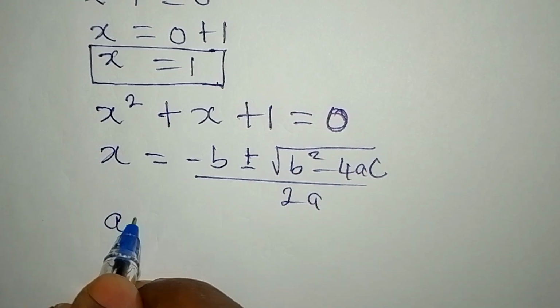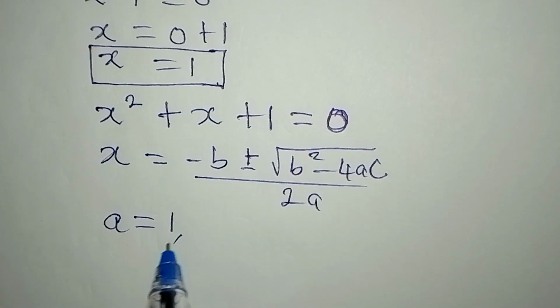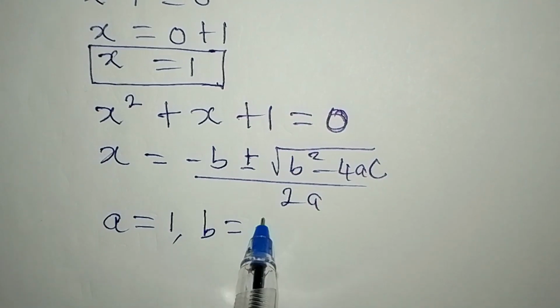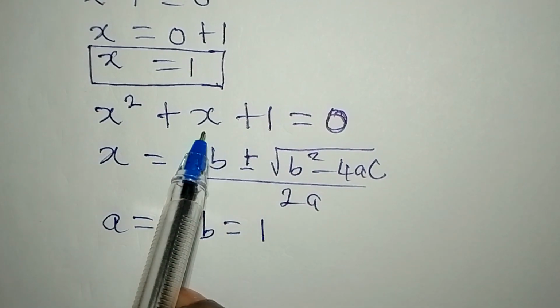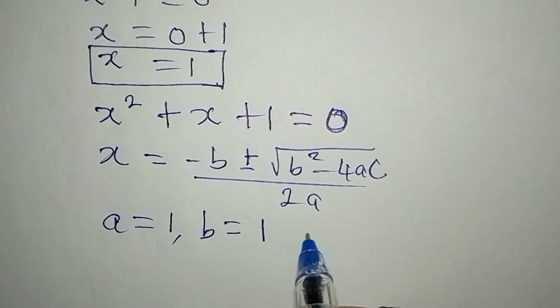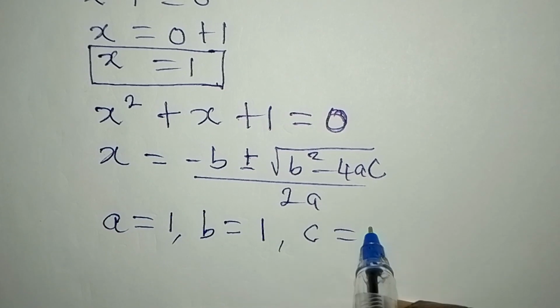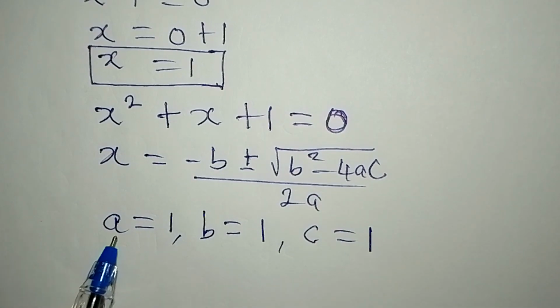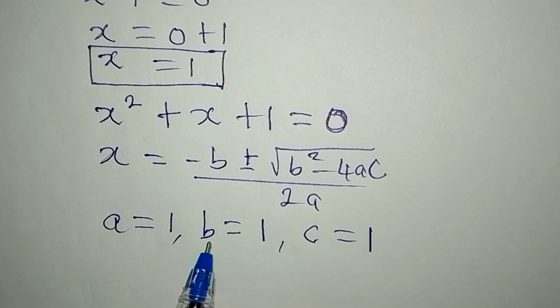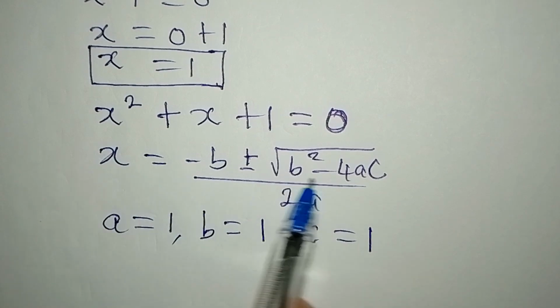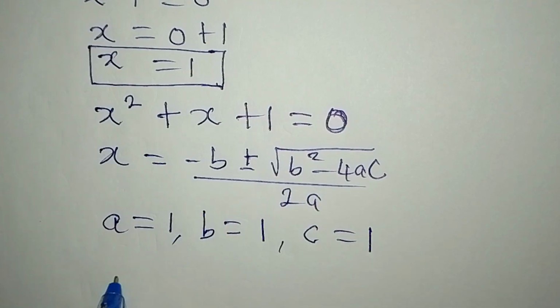So our a is the coefficient of x squared, so it's 1. Our b is 1, the coefficient of x, and then our c is also 1. a is the coefficient of x squared, b is the coefficient of x, and c is a constant. Now let's put them into this formula.